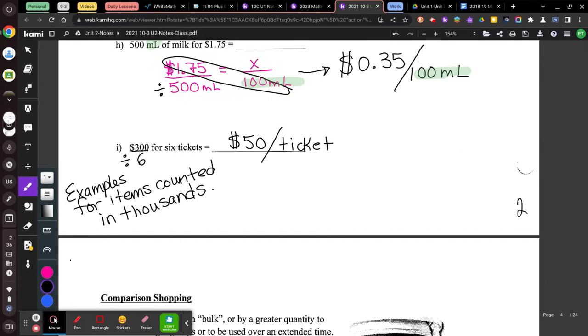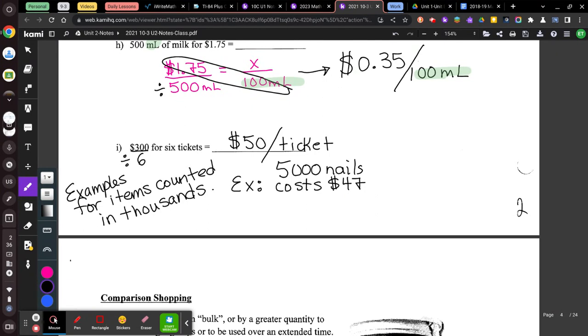So, for example, I do have an example over here. Let me just grab it real quick. So, let's say I've got 5,000 nails, costs $47 from the hardware store.